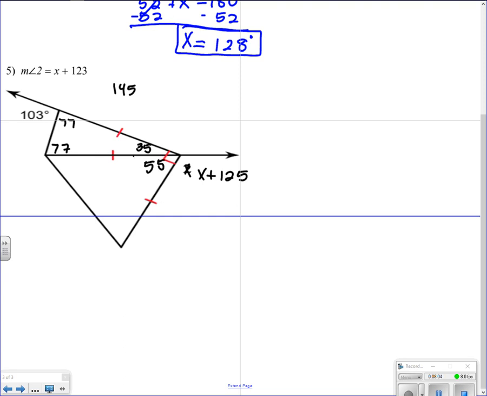Now this whole thing will be 180. So you know that 55 plus x plus 125 is equal to 180. Now get the x by itself. 5 plus 5 will give you 10. 0, carry the 1. 2 plus 5 is 7, plus 1 is 8.